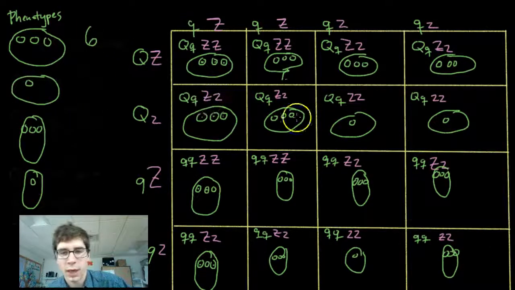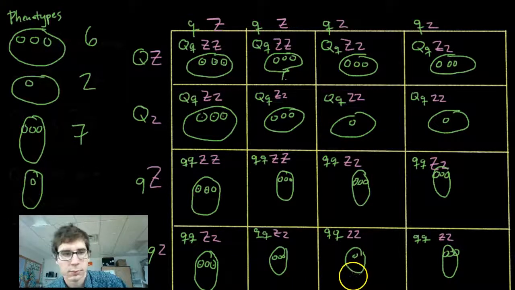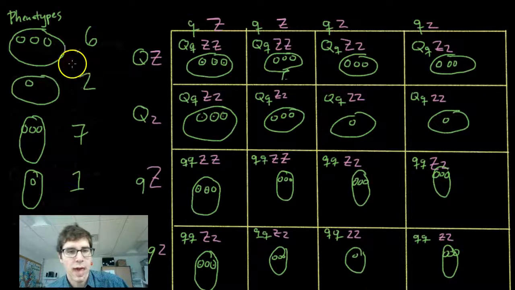Wide with 1 eye, we have 1, 2. Narrow with 3, we got 1, 2, 3, 4, 5, 6, 7. And narrow with 1 eye, we got 1, 2. Okay, so this should add up to 16. So 1 plus 7 is 8, plus 8 is 16.